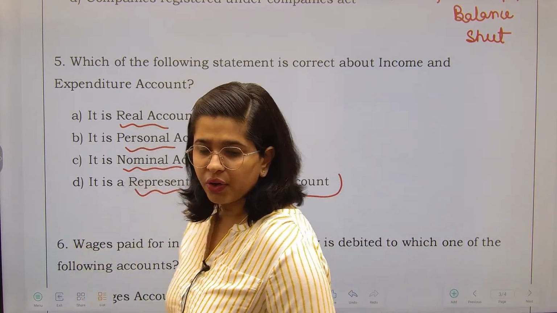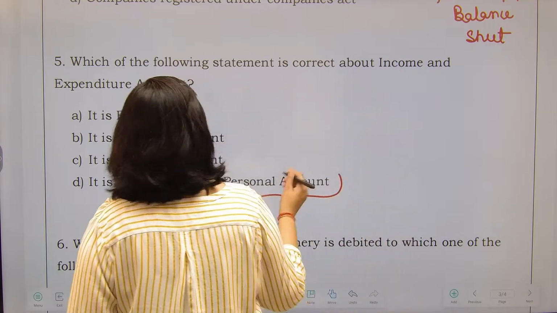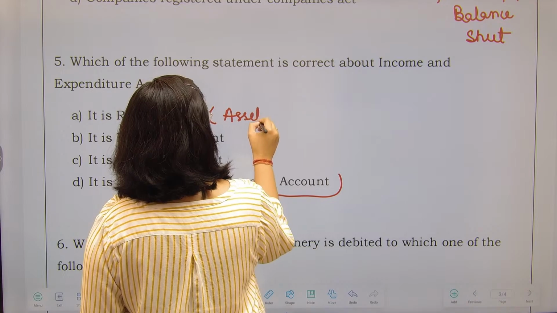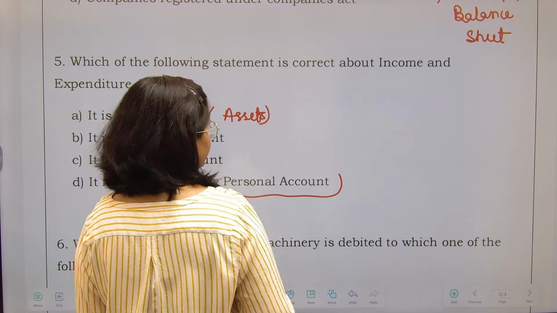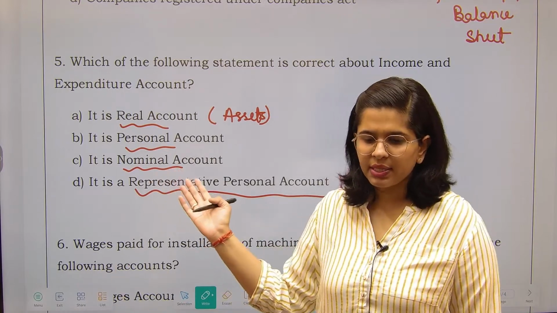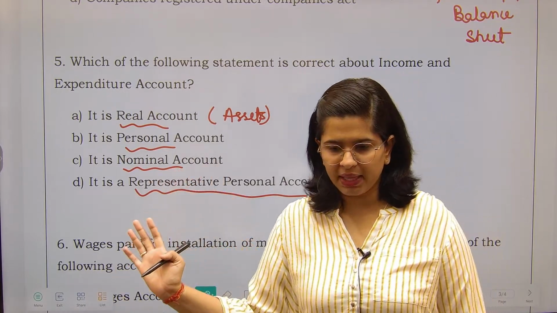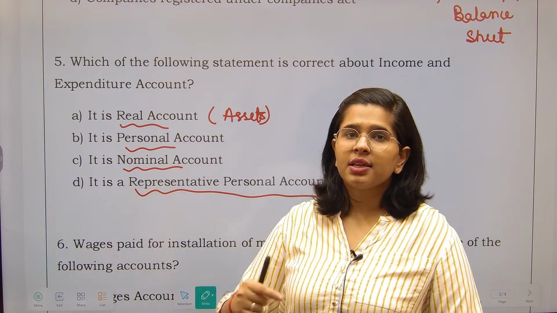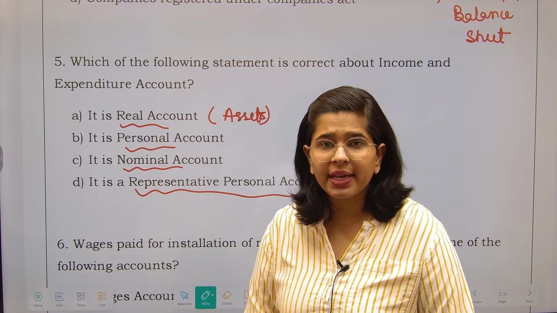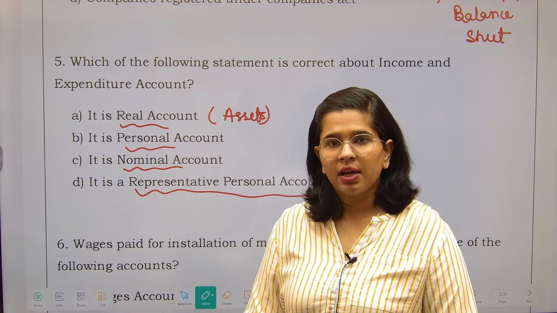For example, real account means they are represented by the assets year on year. Personal account is self-explanatory, no need to explain that. Real account means depicted by the machineries which are real, which are going to exist year on year, correct?